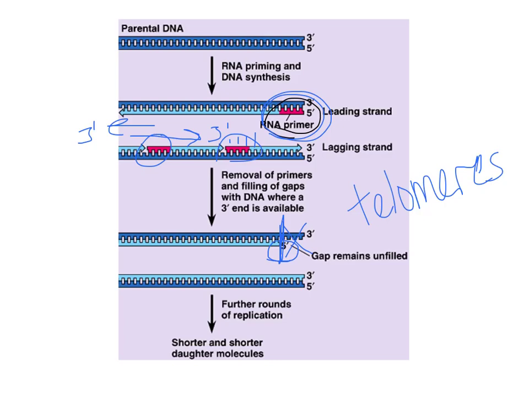It's a repetitive sequence that accounts for the fact that the DNA gets shorter every single time it is replicated or copied, because you can't replace that primer on the leading strand, on the 5' end. So our DNA has these built-in useless repetitive sequences that, if they get cut off, it doesn't matter. This shortening of the DNA is one of the things associated with the aging process.